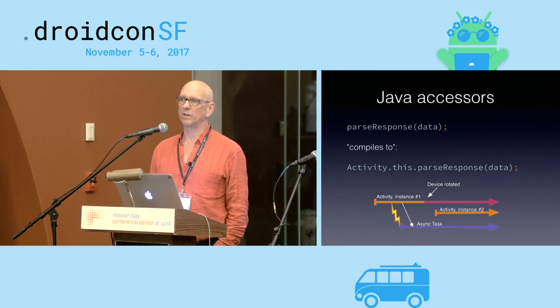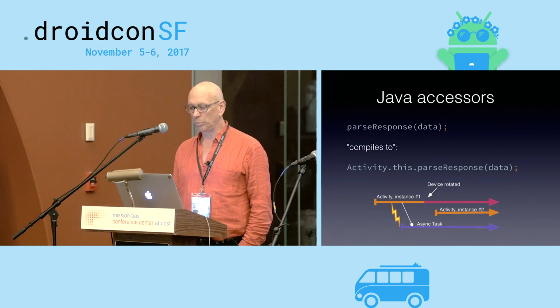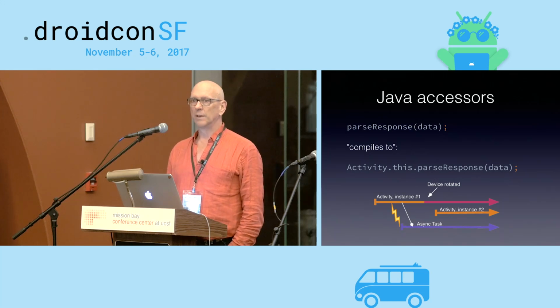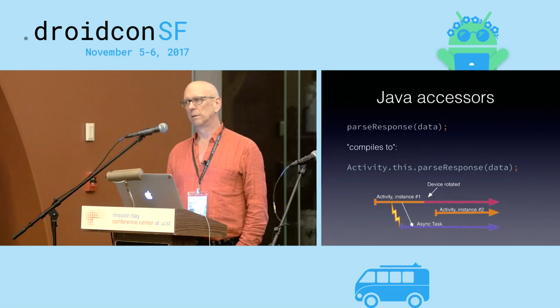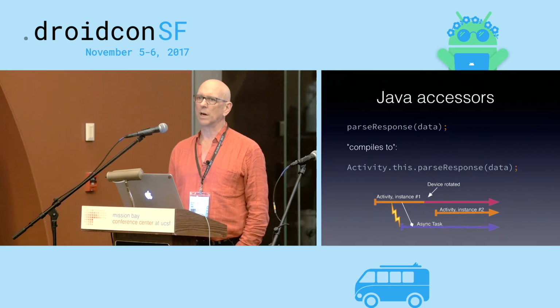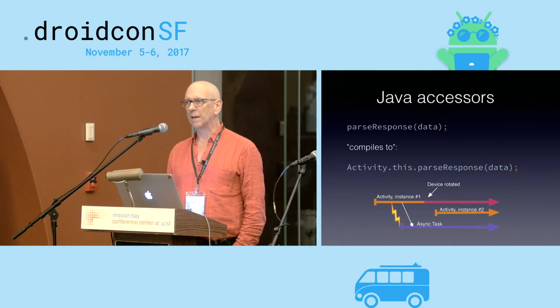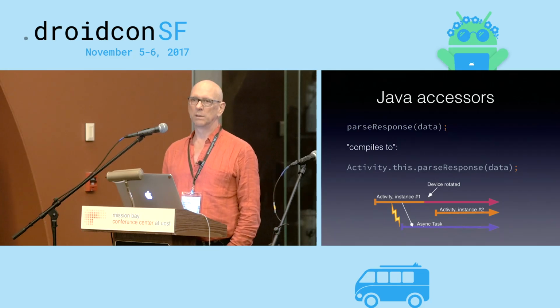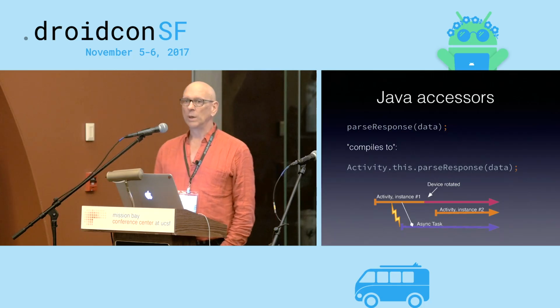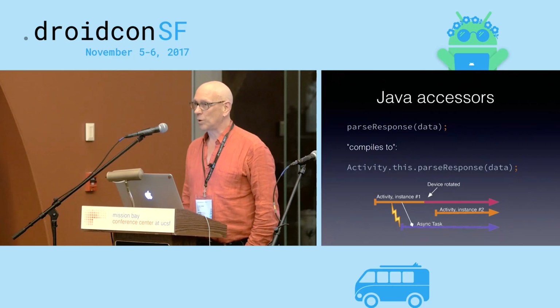If that container object is an activity, there are two problems. The first is that Android can't get the activity back when it wants it. Android thinks it's done with the activity. It's a big heavyweight object. It would like to garbage collect it, and it can't because you've got a reference to it. The second problem, though, is if you actually try to use it.